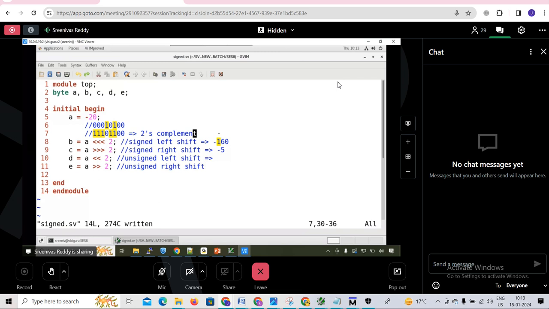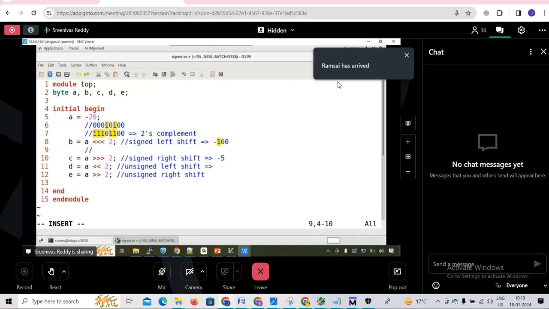Now, in this case, ideally the expectation is that it should retain this sign. Because when you say signed left shift, it should retain this sign. But for some reason, it is not happening in the tool. So what happens is it becomes like a normal shift only. These two will go out, this will shift there.